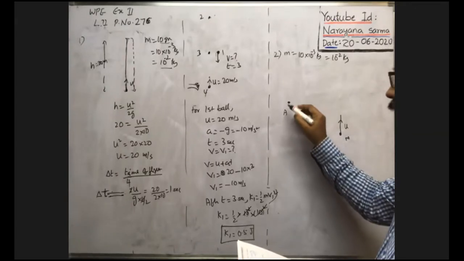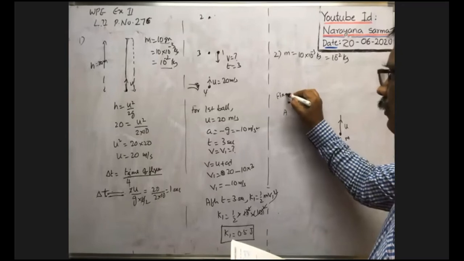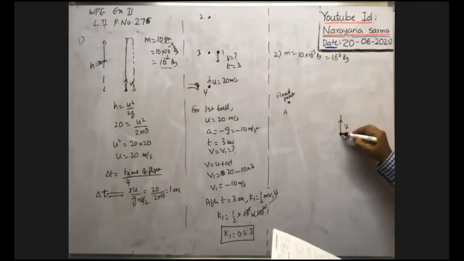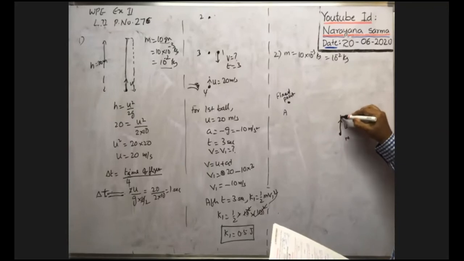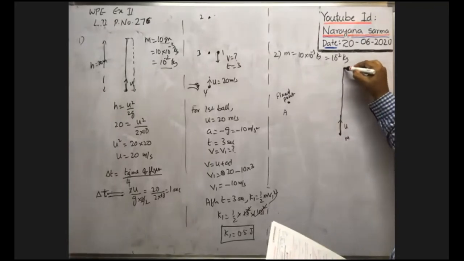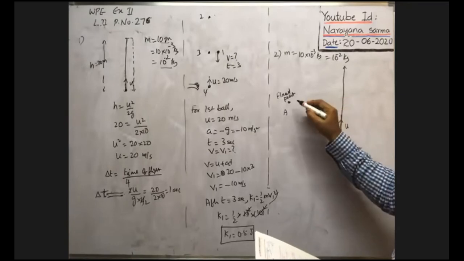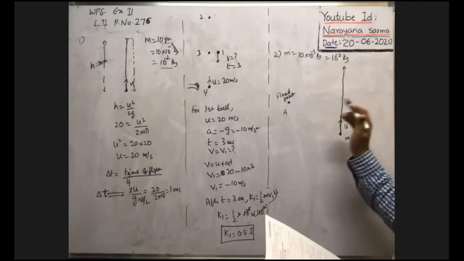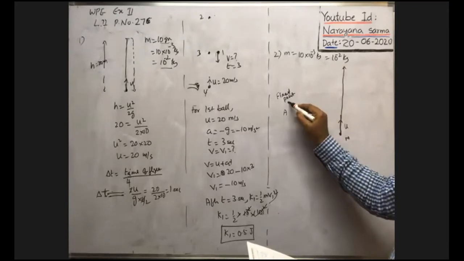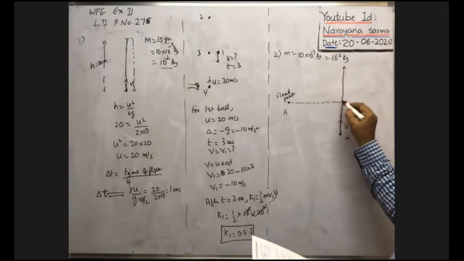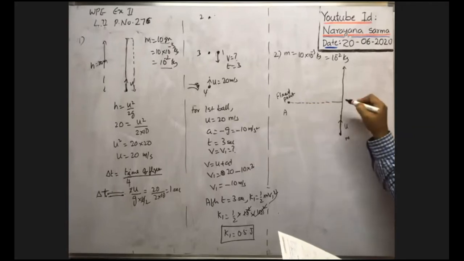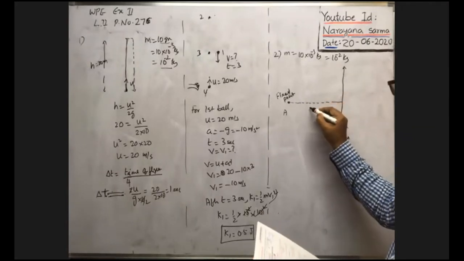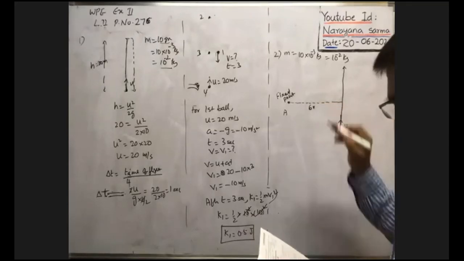Suppose this is a fixed point A. Here the stone is projected vertically upwards like this. As it moves, the minimum distance between the projected body and this fixed point, the closest approach, is obtained by drawing a perpendicular line from the fixed point onto the vertical path of the body. That is the minimum distance, and it is given as 6 meter.